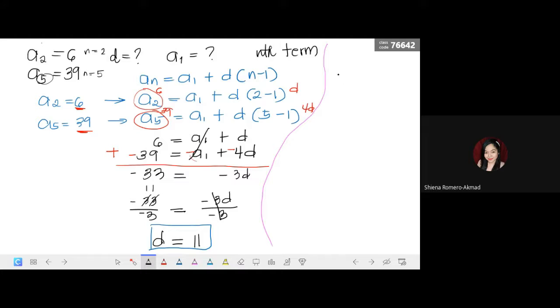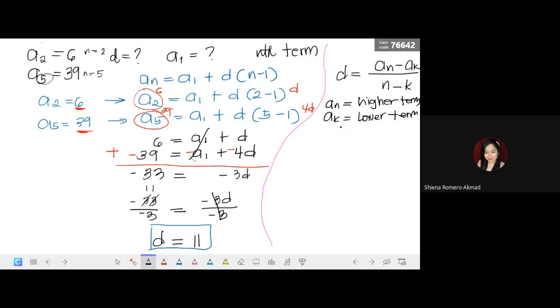Okay? And that is D equals A sub n minus A sub k divided by n minus k, where A sub n is the higher term and A sub k is the lower term.